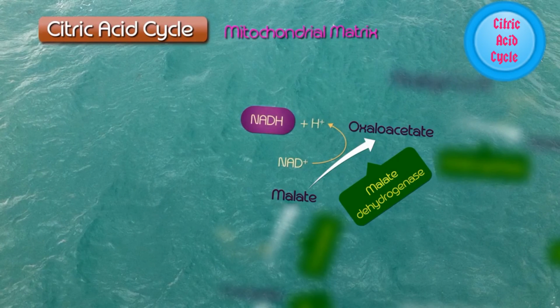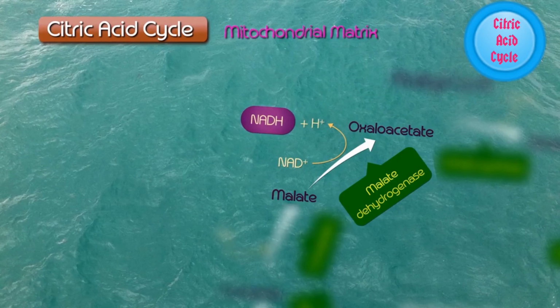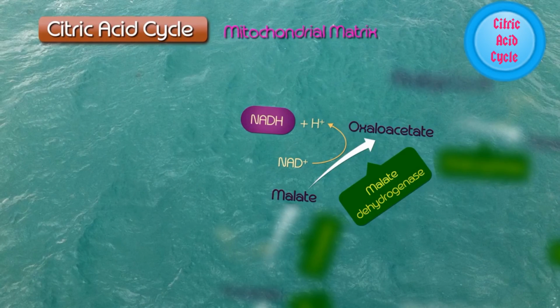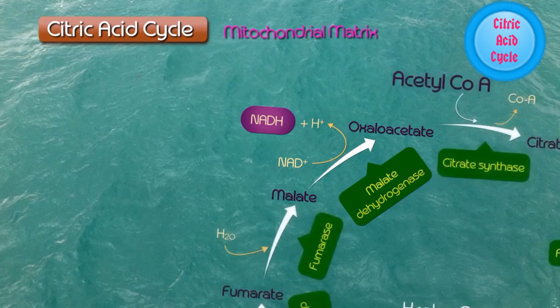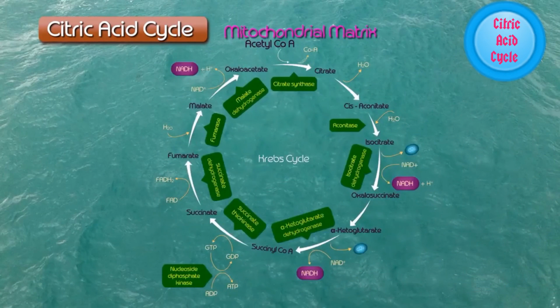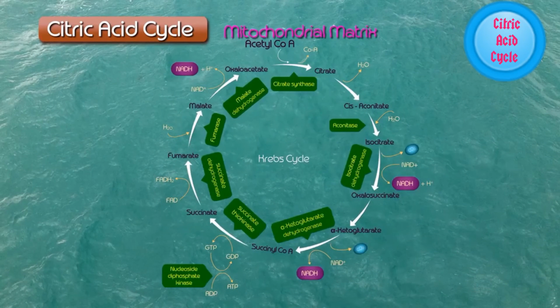So, here the third NADH molecule is produced from the NAD, and this is all about the citric acid cycle.